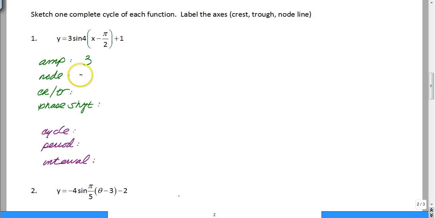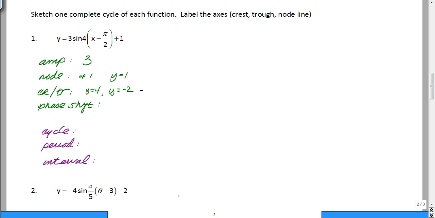So this node actually starts up 1, which means the equation of the node line is y equals 1. Your crest is your high point, which is 3 above 1, so your crest is y equals 4. And your trough is 3 below the node line, so that is y equals -2.